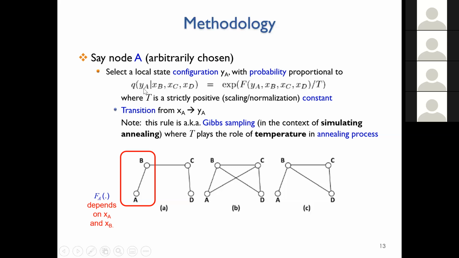So you can say, okay, I'm going to make a transition of my power level of node A from, let's say, XA to YA. There are many choices of YA. Let's say now you're using a power level equal to 1. You can go to power level 2 or 3 or 4 or 5 up to 10, or you can even decrease it to 0.